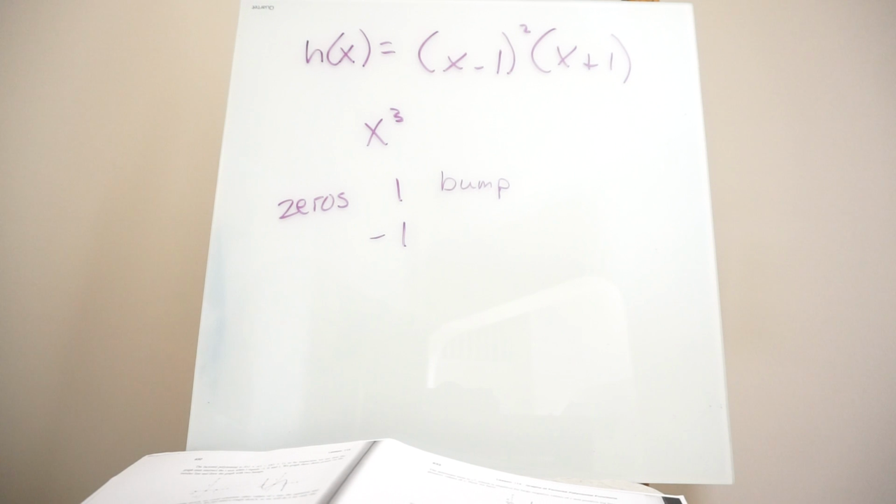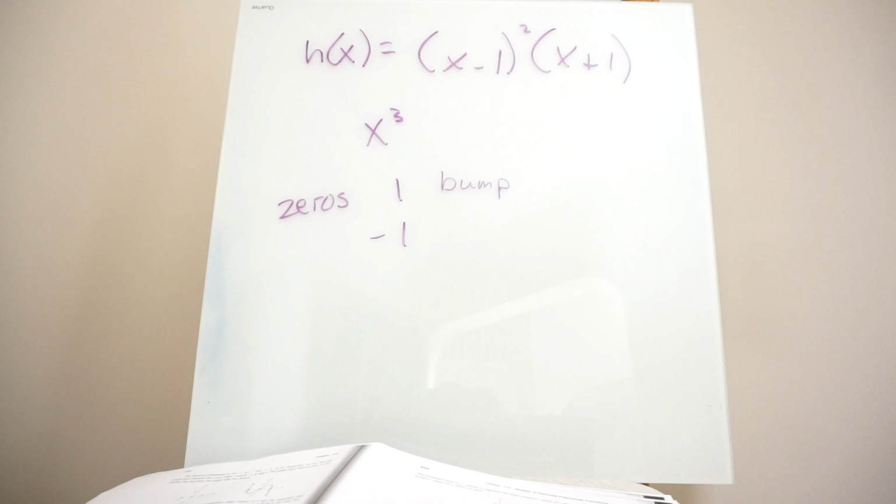Yeah. So we can cross out A because it's bumping at the wrong place. B does bump at 1 and does cross at -1. So B is an option. C bumps at 1 and crosses at -1, so that's an option. D is out because it's bumping at both -1 and 1. So we're looking between B and C.